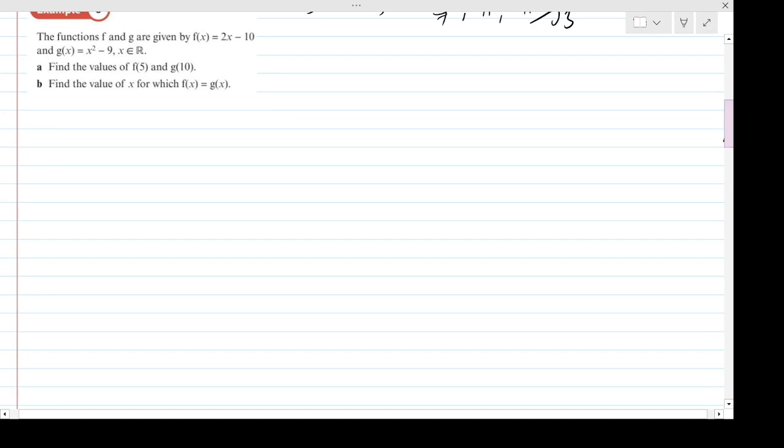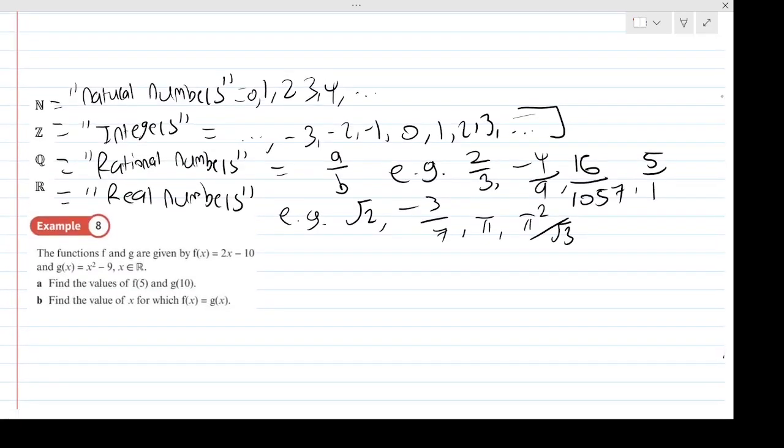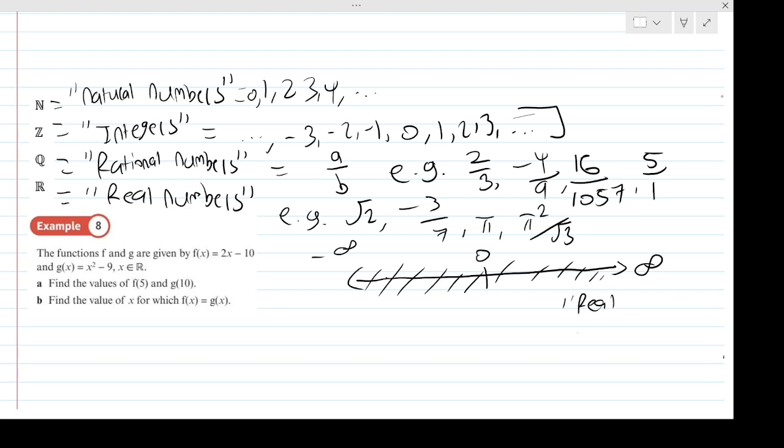Essentially, the real numbers you can think of as a number line, right? Stretching from negative infinity, say if you have 0 in the middle, all the way to infinity, and you can have absolutely any number in between. So this is what we call the real number line.